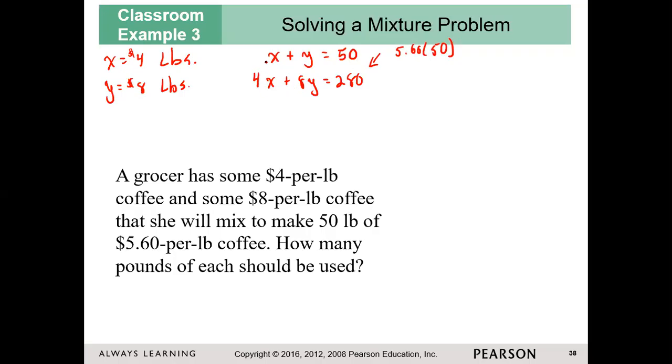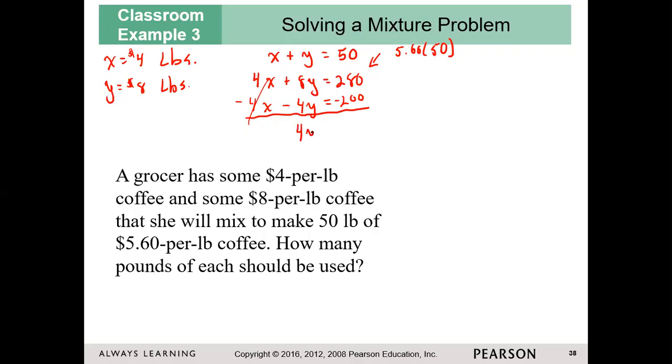And then we have a couple of equations that set up perfectly for elimination. I'm going to multiply everything in the top equation by -4, and that will give us -4x minus 4y is equal to -200. And our x's will eliminate, hence the name elimination.